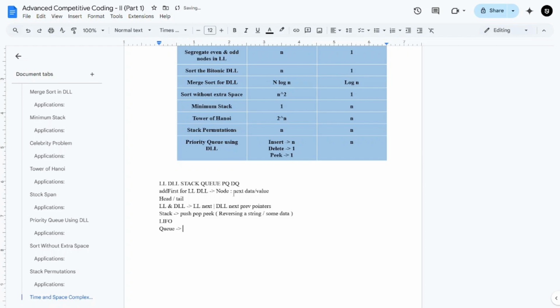So what we do is that we again have push, pop, peek over here as well, and the push operation appears on the rear end, and the pop operation appears at the front end. Okay, and the peek operation also appears at the front end.